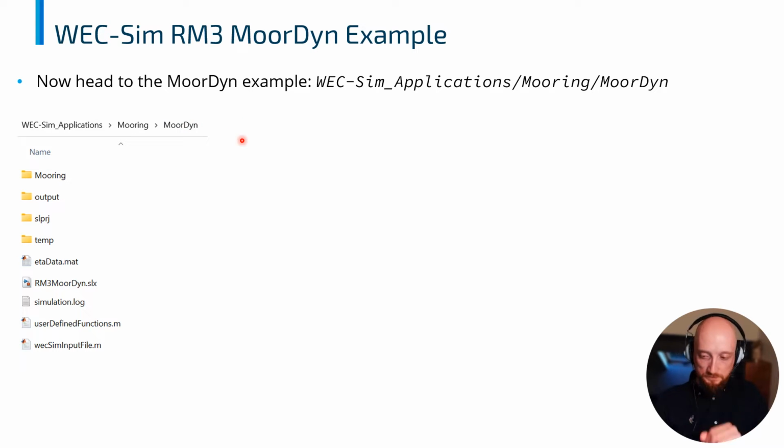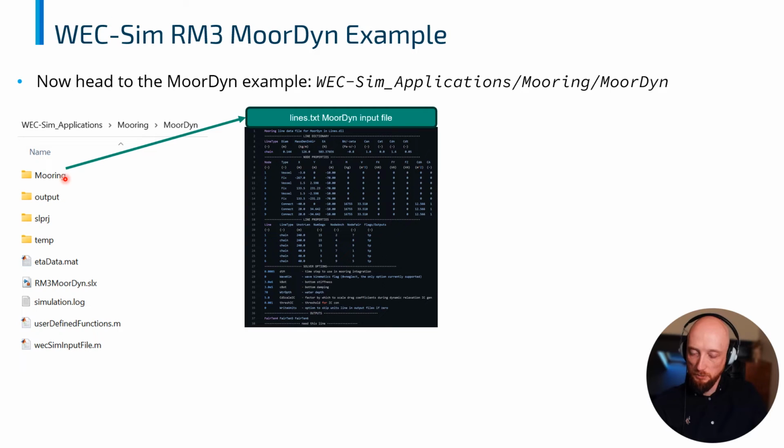It'll look like a normal WEC-Sim model. You've got your Simulink file there, your WEC-Sim input file. The main difference at this top level is that we also have this mooring folder. And if you look inside the mooring folder, this is where your lines.txt MoorDyn input file is going to sit.